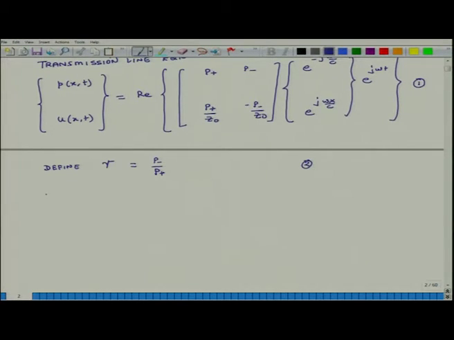So, then I can write the equation for pressure from the first equation as real of p plus e to the minus j omega x over c. So, basically what I am doing is I am replacing this p minus by p plus times gamma, and same thing here also.